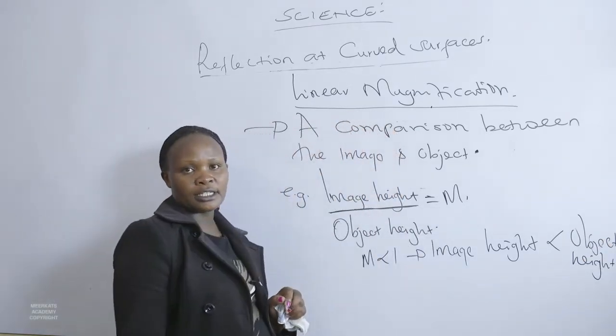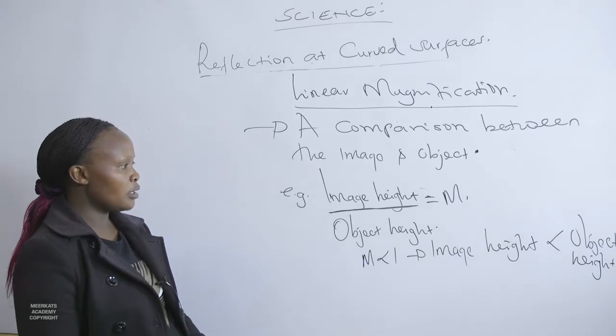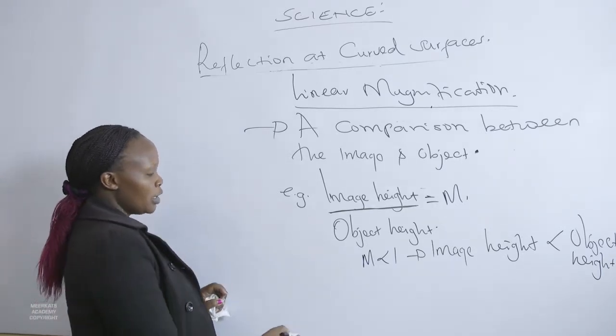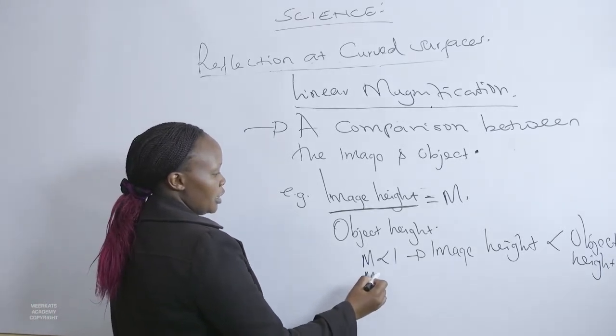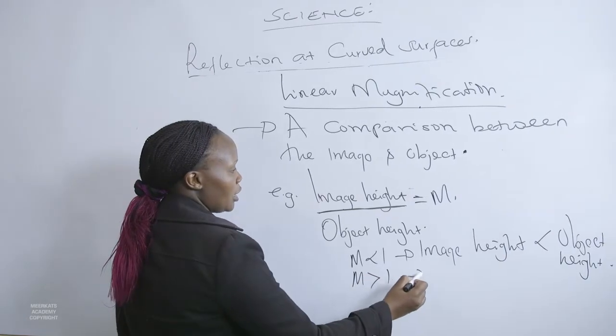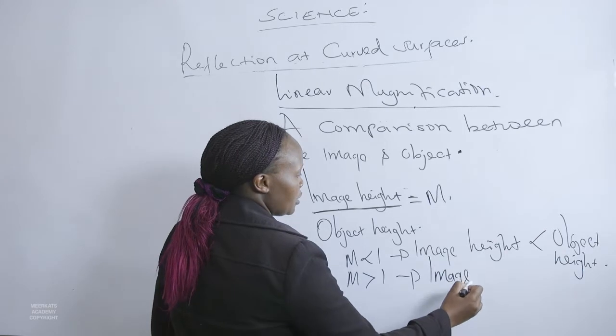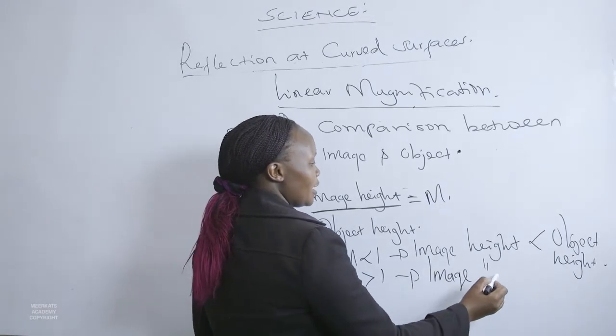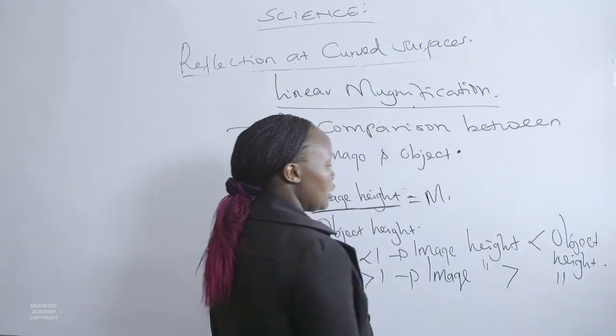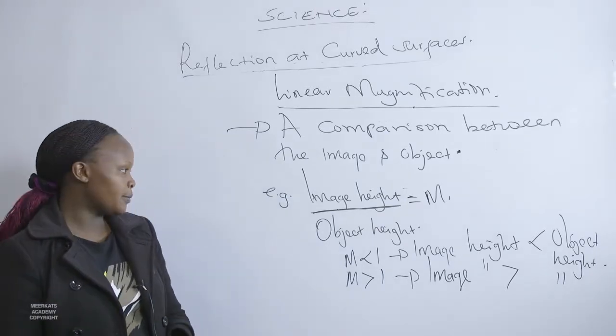Where magnification is greater than 1, then image height is greater than the object height.